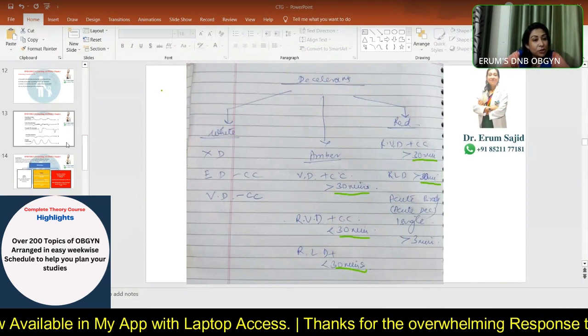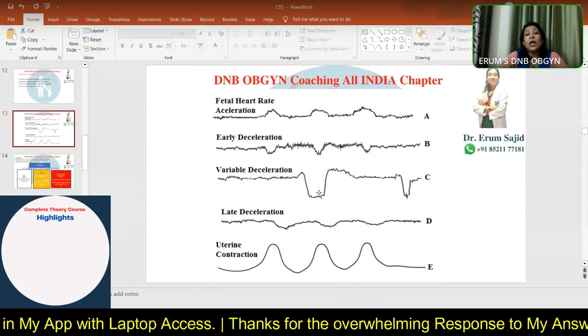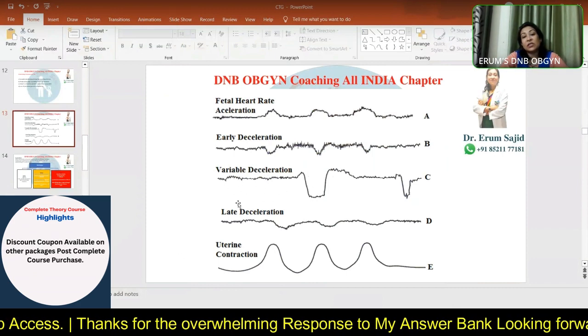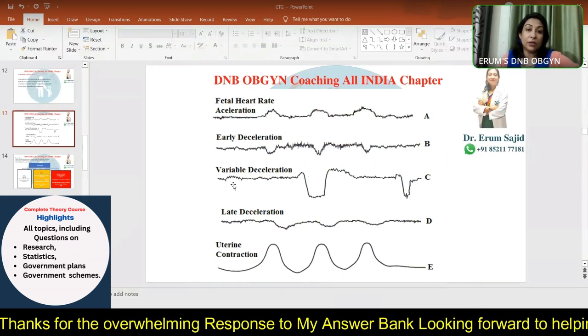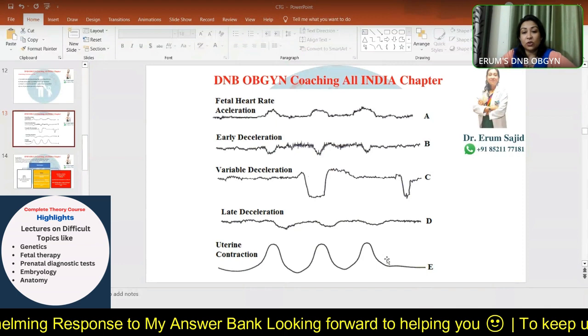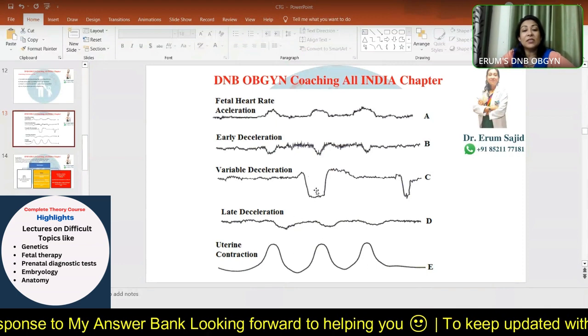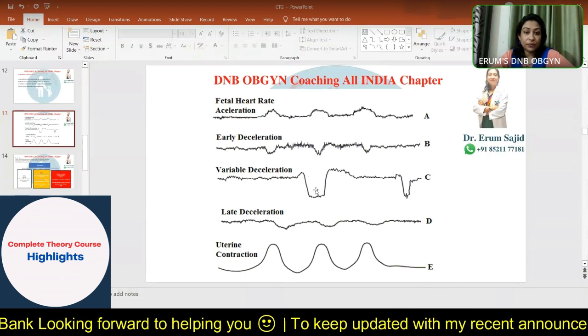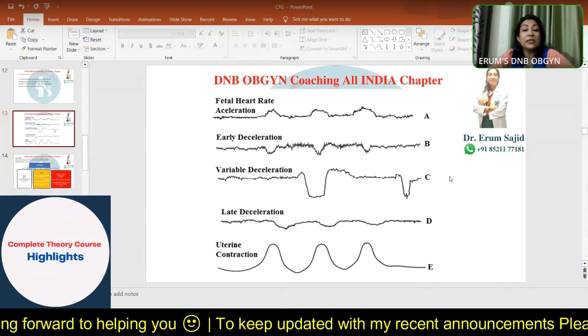I'll try to explain to you by this slide only. This is the best slide. This over here, as you can see, these are just variable decelerations. Why? You see that there are 3 contractions over here, but with these 3 contractions, I'm seeing only 1 deceleration. That is a variable deceleration. There are no repeat variable decelerations.